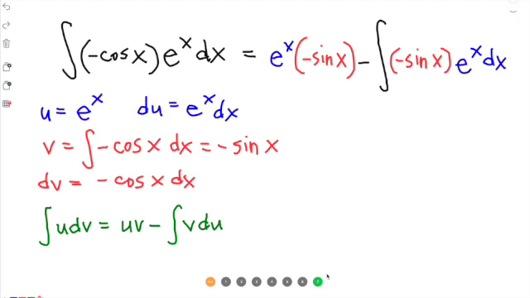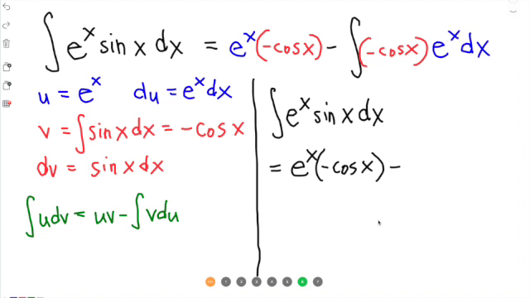Okay, so we go back here and that's minus, so don't forget the brackets.